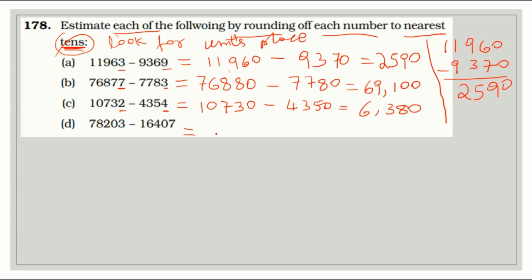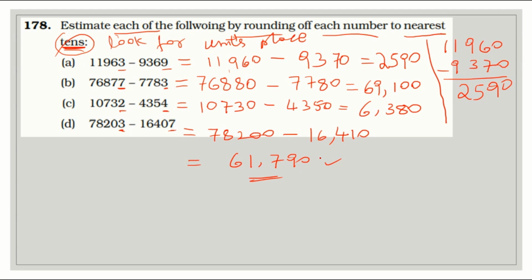Again, last question, 78,200 minus, because here it is less than 5, 16,410 because units place is more than 5. So their difference is 61,790. So this is the answer to question number 178.